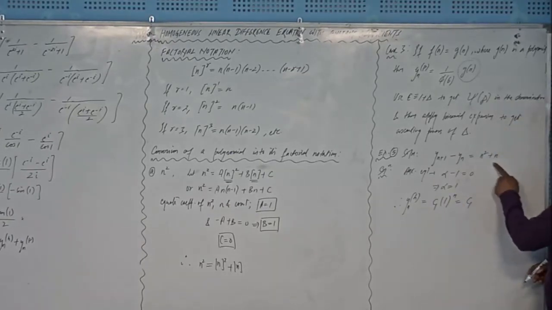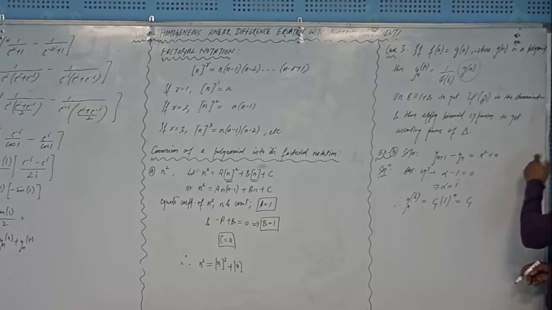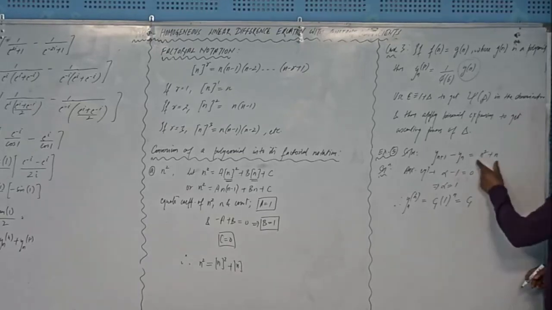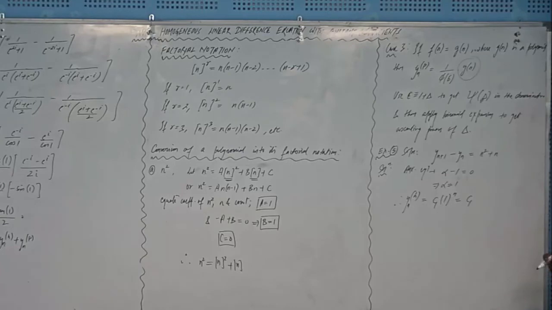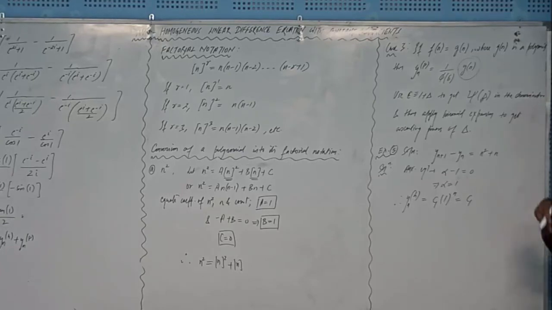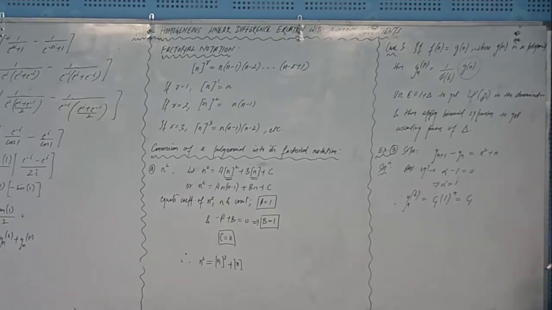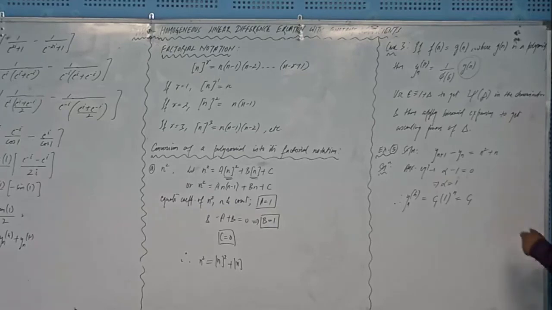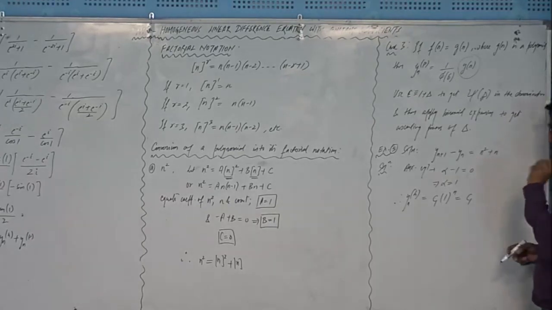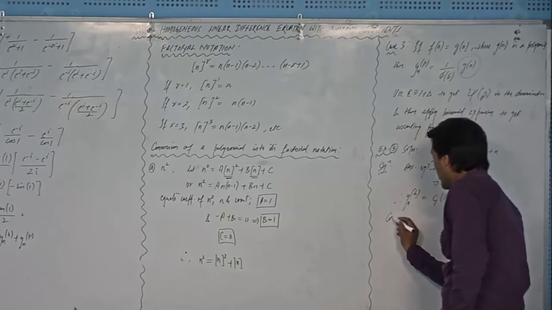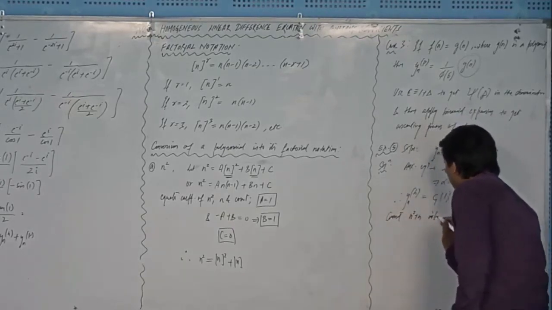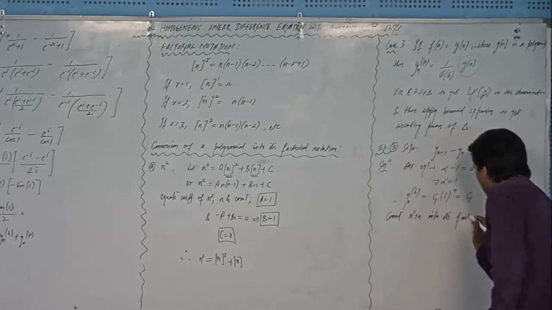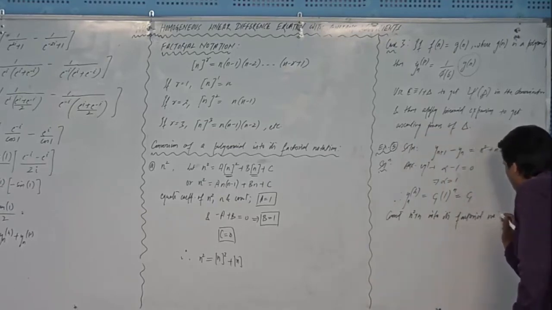Now I will come to the particular solution. But see, this polynomial is not in its factorial notation. I need to convert it into factorial notation so that I can use the theory of derivatives, where delta will behave as the differential operator D. So I will first convert n square plus n into factorial notation.